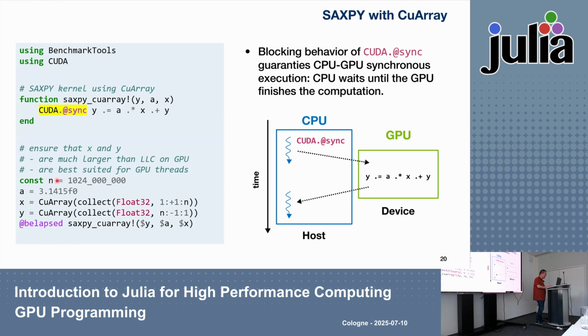And here is just a very simple code to have a large array, and then A is some number, and then use CuArray to generate memory on GPU, and then benchmark elapsed time. Benchmark also works, and then do the measurement. So this is very simple.